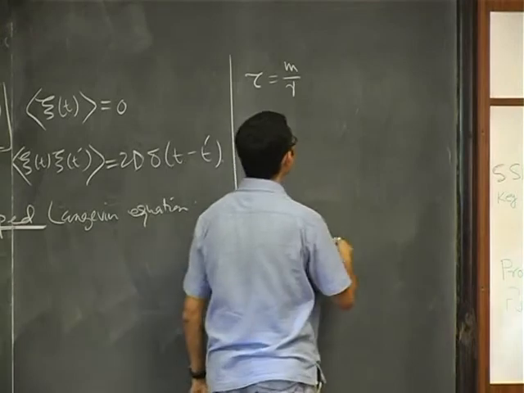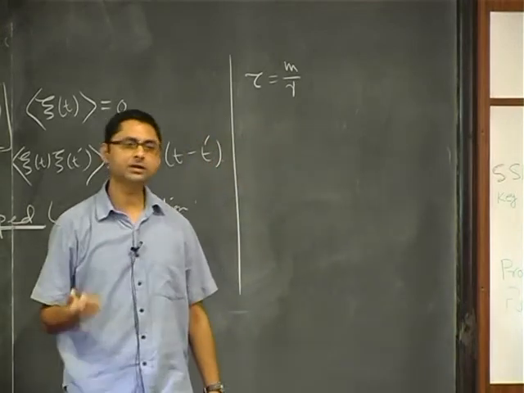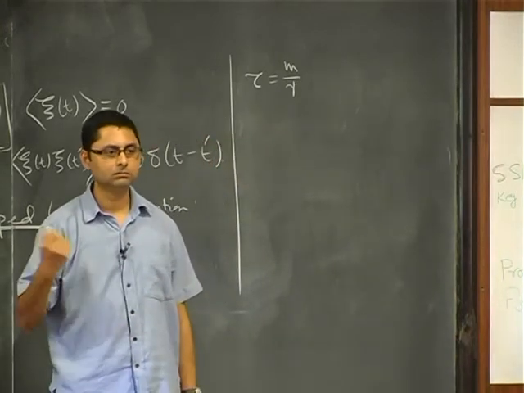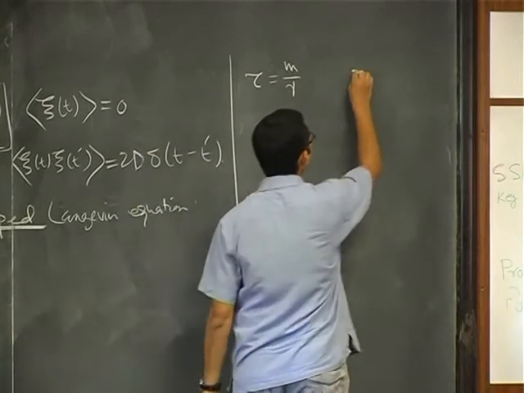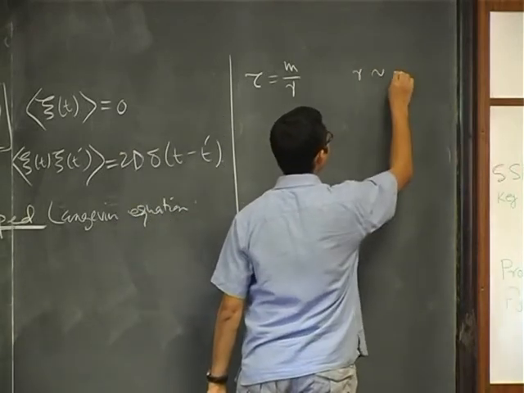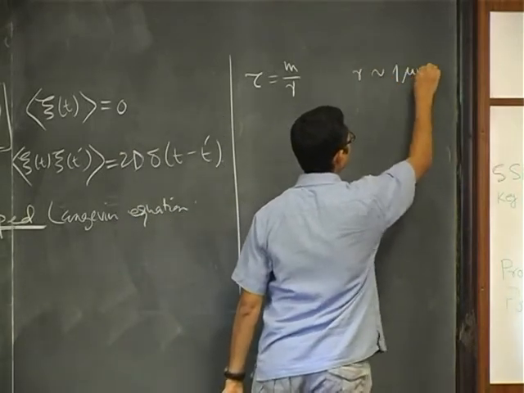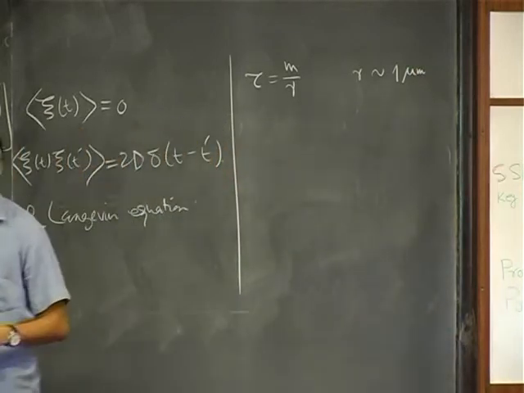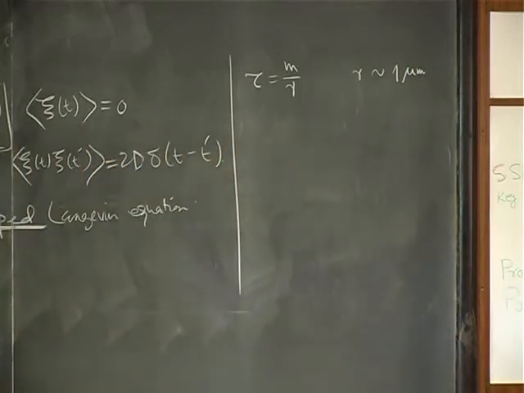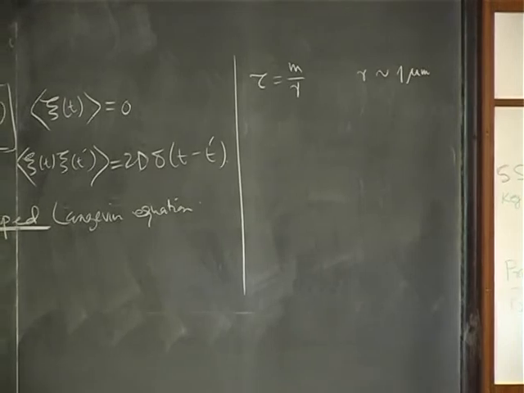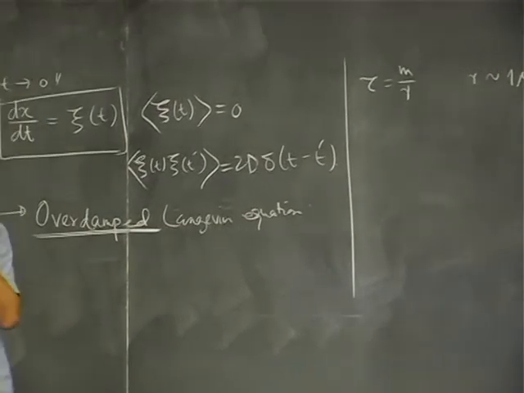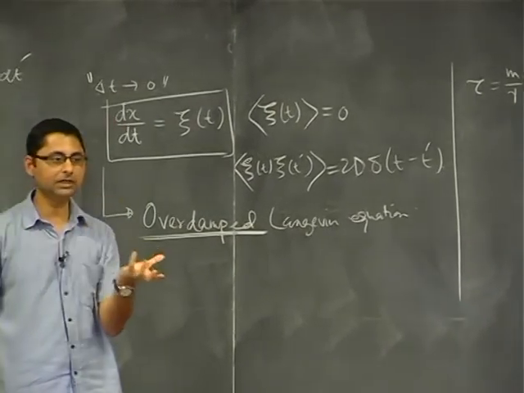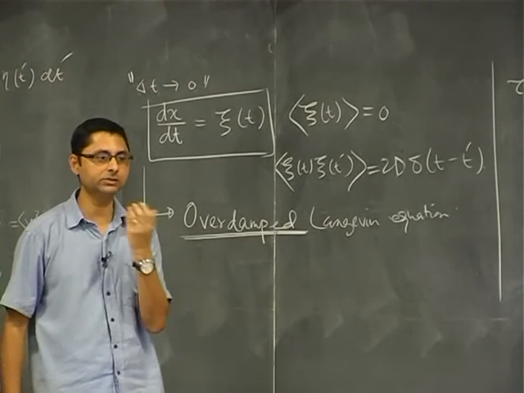So what is the dimension of this particle? R is about 1 micron, right? Then to calculate the mass, what else do you need? If you know the dimension of the particle, to calculate the mass, what else do you need?